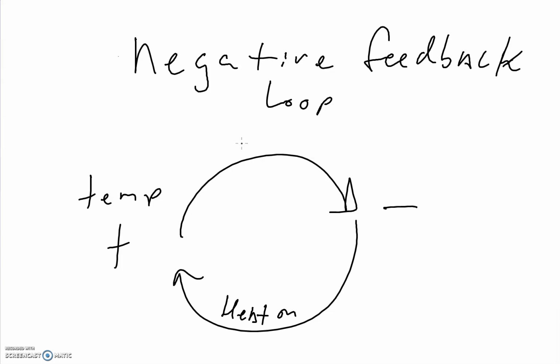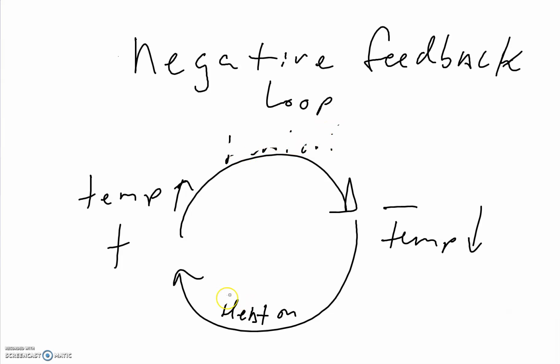The temperature reaches a certain point. The heater turns off. The temperature decreases. So real simple, right? Same thing with an air conditioner. We just can't use heat on, right? We're going to say something else.